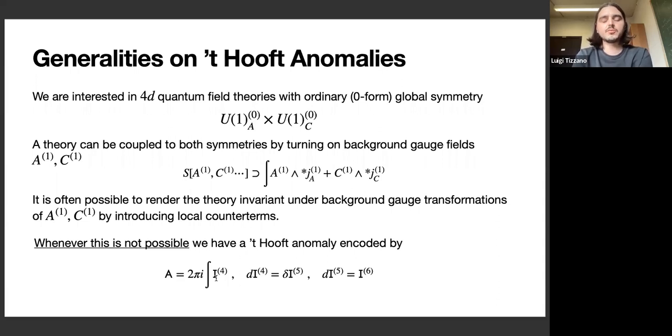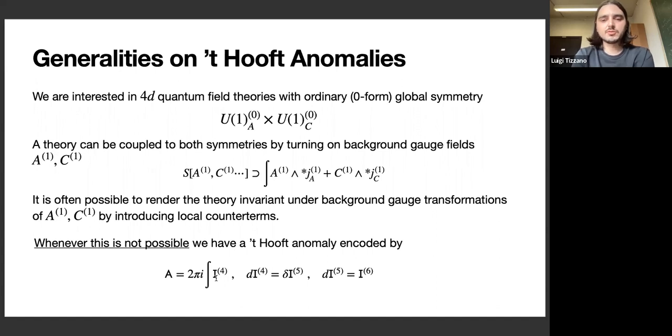So what I'm referring to as a 't Hooft anomaly is something that violates the invariance of the partition function under background gauge transformation. So whatever functional you can measure under this transformation must be a functional only of background gauge fields.